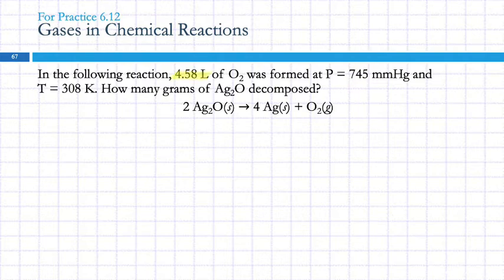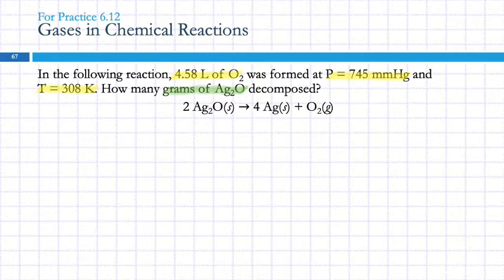So we've got a volume of oxygen, we have a pressure, and we have a temperature. So we're identifying what we've been given, and then we identify what we're trying to find. Grams of Ag2O. Often there's a question word there, how, what, something like that.